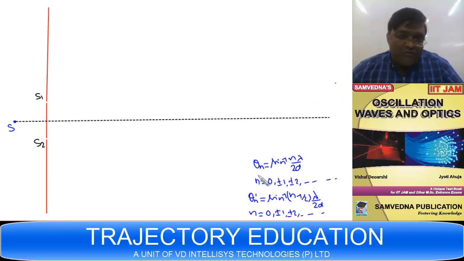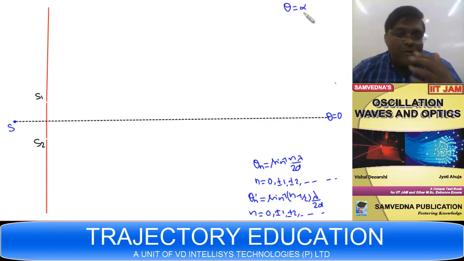Those values of theta n which are positive will lie above this axis, and for negative values of theta n, those maxima will be lying below this dotted line. So for the maxima for n equal to 0, your theta is 0, and you have the maxima at these points.